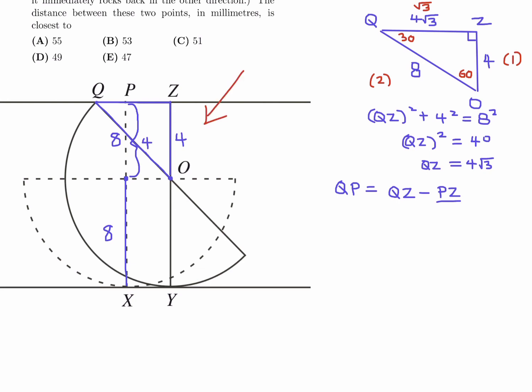But how does that help us? Well, look back at this original diagram, and let's fill in the 60 degrees. That 60 degrees is right here, correct? So that means this angle here is 30 degrees. Okay? Now, pay close attention. This semicircle moved from here to here.